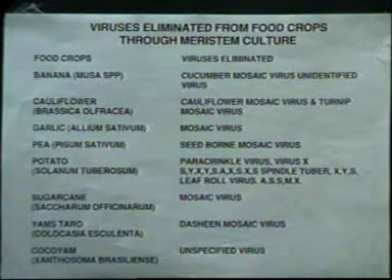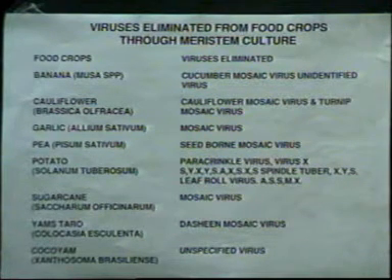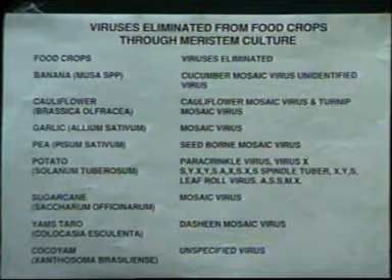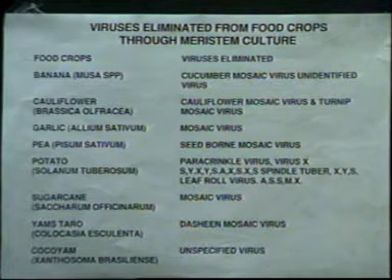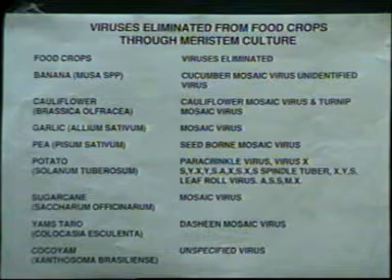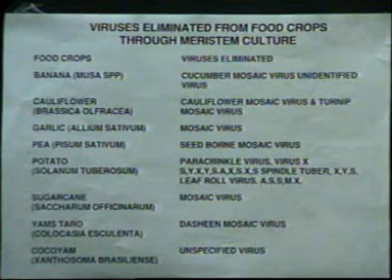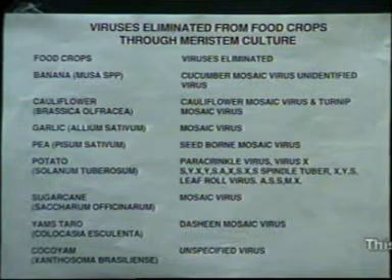And in this respect, tissue culture has proved very effective because culturing from apical meristem explants can give us totally virus or pathogen-free plants. And here is a chart showing you some of the successes that we have achieved. It lists some food crops from which viruses were eliminated through meristem culture. They are banana, cauliflower, garlic, peas, potatoes, sugarcane, yams, cocoyam, etc.